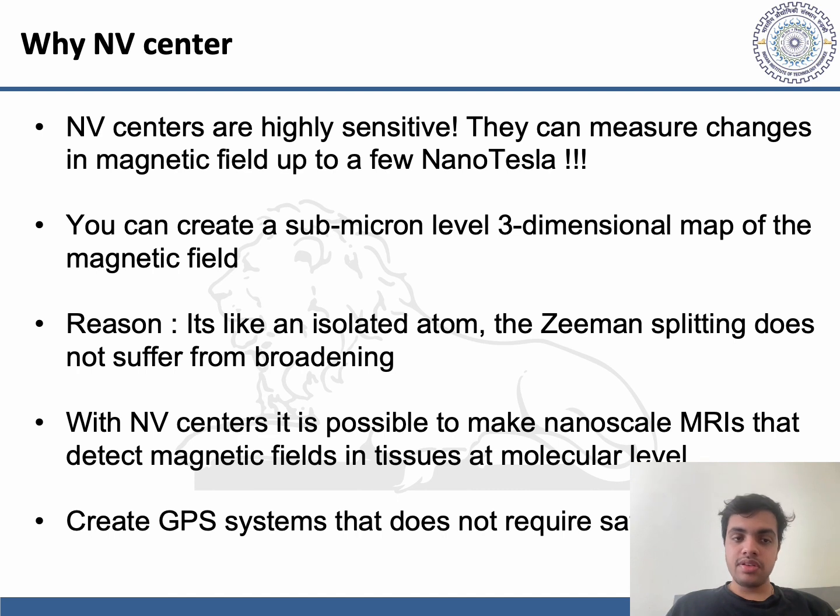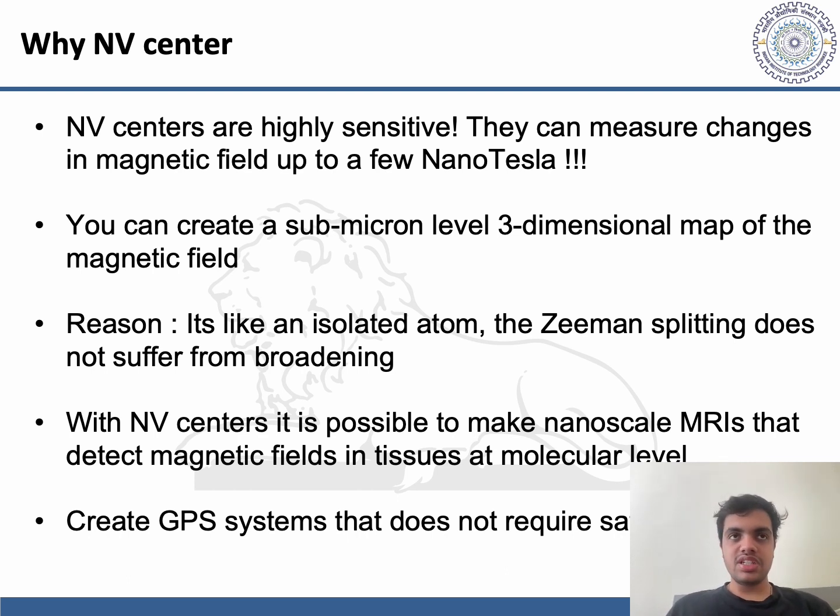Because it has the sensitivity of nanoteslas, you can create a sub-micron level 3-dimensional map of a magnetic field. So think about creating full 3-dimensional field maps of a piece of tissue or a very small part of the brain. That cannot be done with even today's MRI machines, but can be done with NV centers.